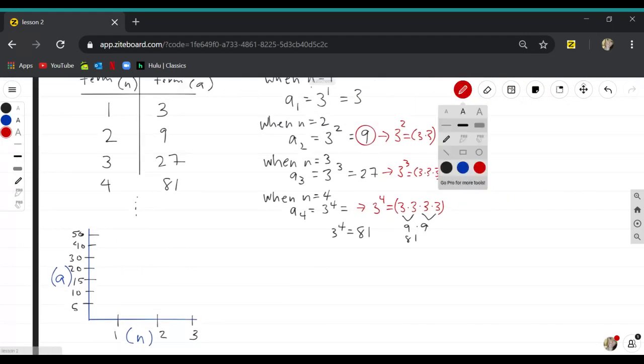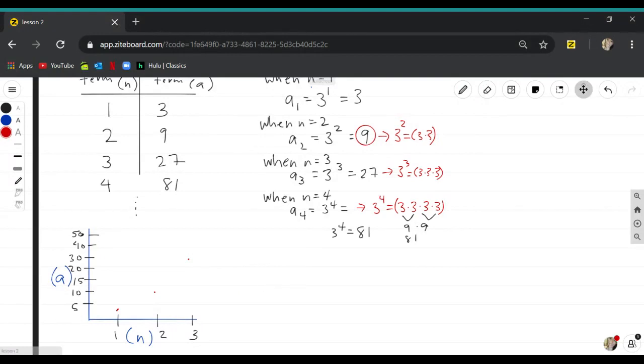Okay, so when n was 1, this one was 3. Put it right there. When n was 2, it was 9. And when n was 3, it was 27. Right? So it's like growing. It's increasing rapidly, really fast.